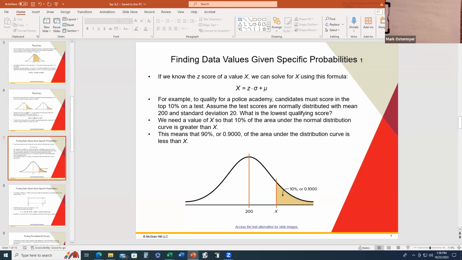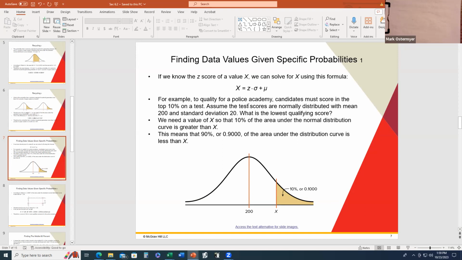In that case, we would have to destandardize our z-score to bring it back to our X value that conforms to our normal probability distribution. But ladies and gentlemen, like I said, this is rendered obsolete too, because we have the TI-84 calculator with the inverse norm function that takes care of this business for us. So we don't have to worry about destandardization. Let's see if we can answer this question using our calculator.